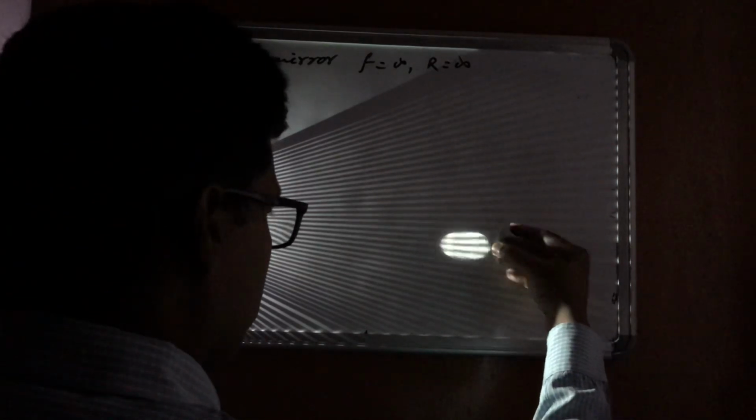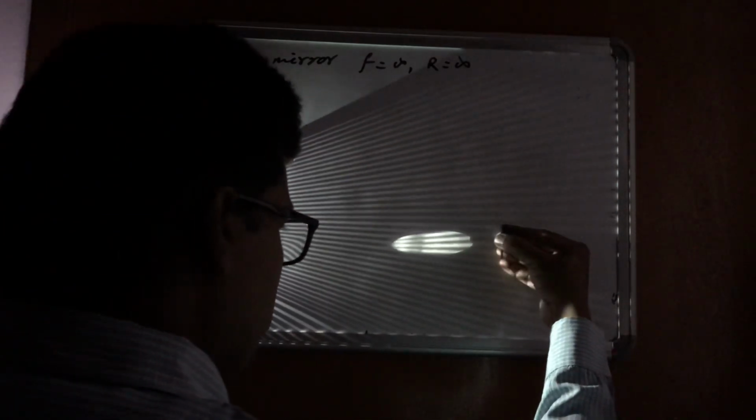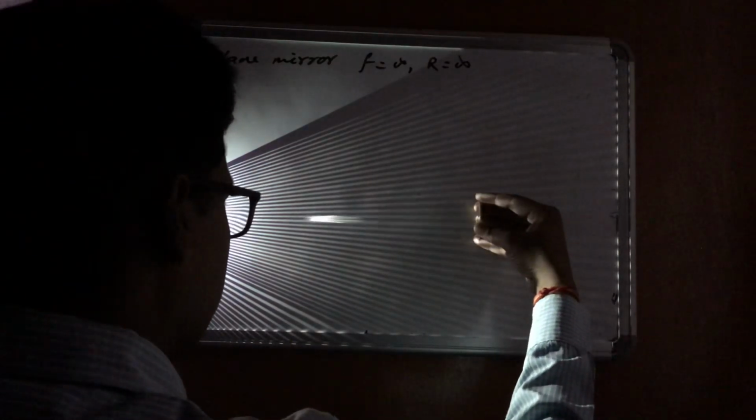You can see the reflected beams of light are going to meet at a point. Look here. This is the beam of light. They are going to meet at a point. Yes, they meet at that point. This is the focus of this concave mirror. This is a concave mirror. So they are going to meet at this point. So this point is focus.